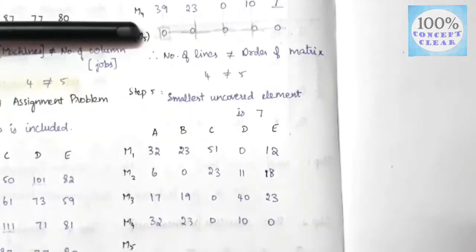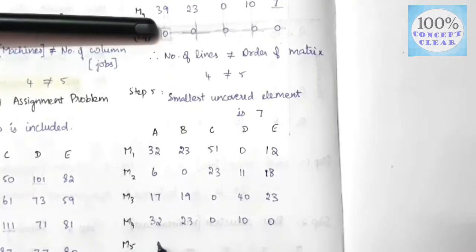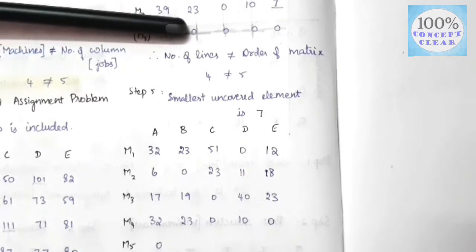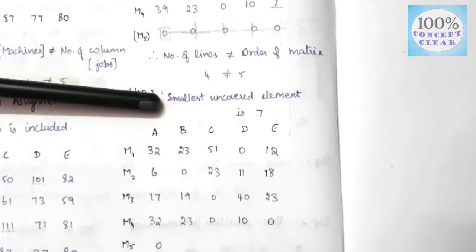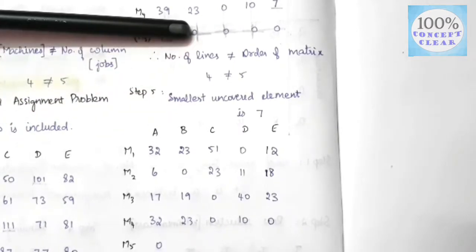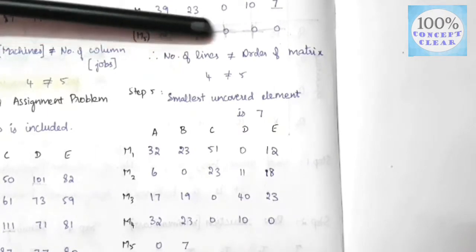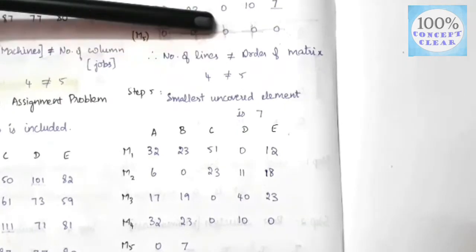Now see the last row. This 0 is a covered element, so we just write the covered element as it is. So 0. And see, this is an intersection point, so we should add the smallest uncovered element at the intersection point. So 0 plus 7 is 7. And this is also an intersection point because two lines join here.